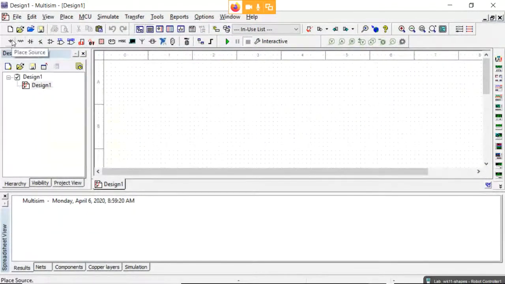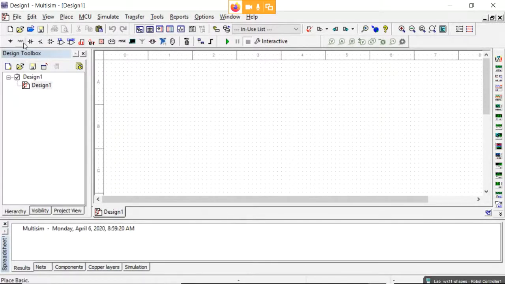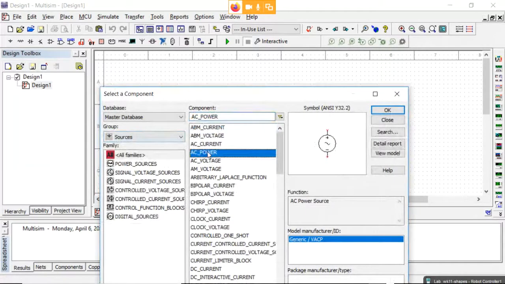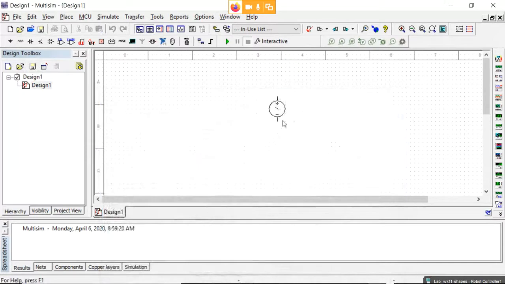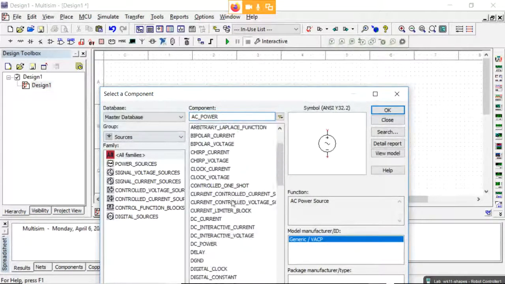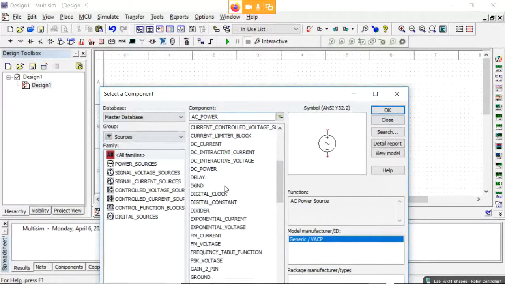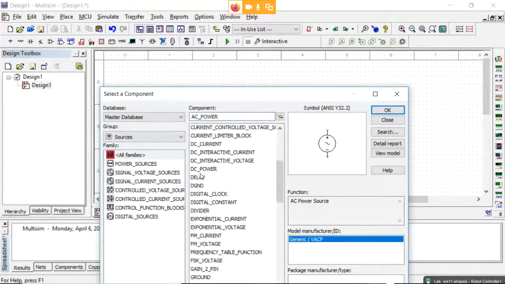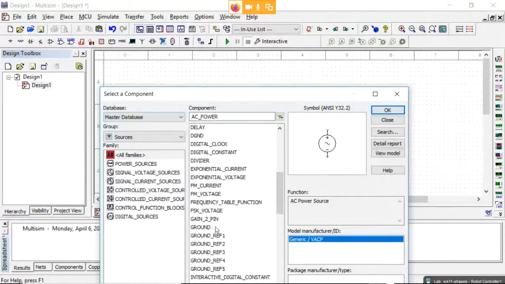Okay, so let me just kind of go through here. I'm going to kind of build the circuit. So remember, we need an AC power module or voltage source, basically. We need ground. There should be a ground in here somewhere. There it is.